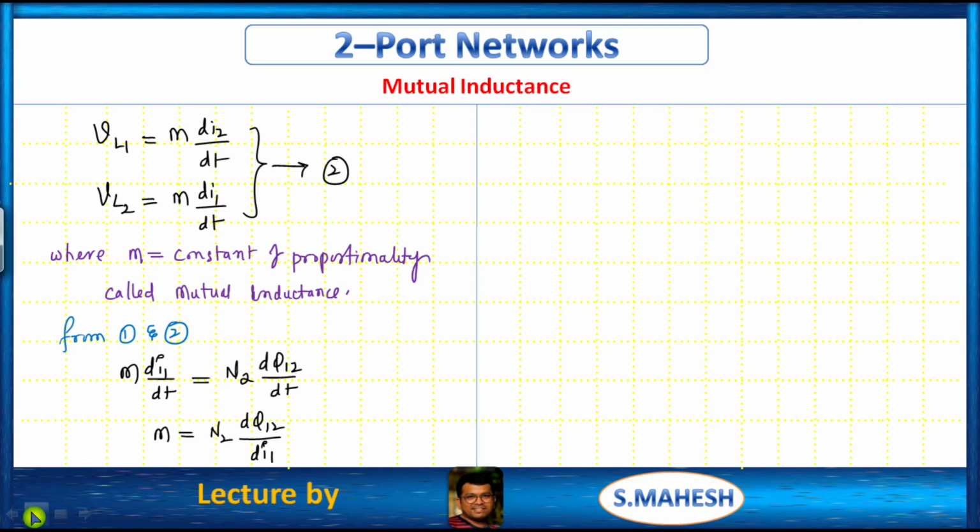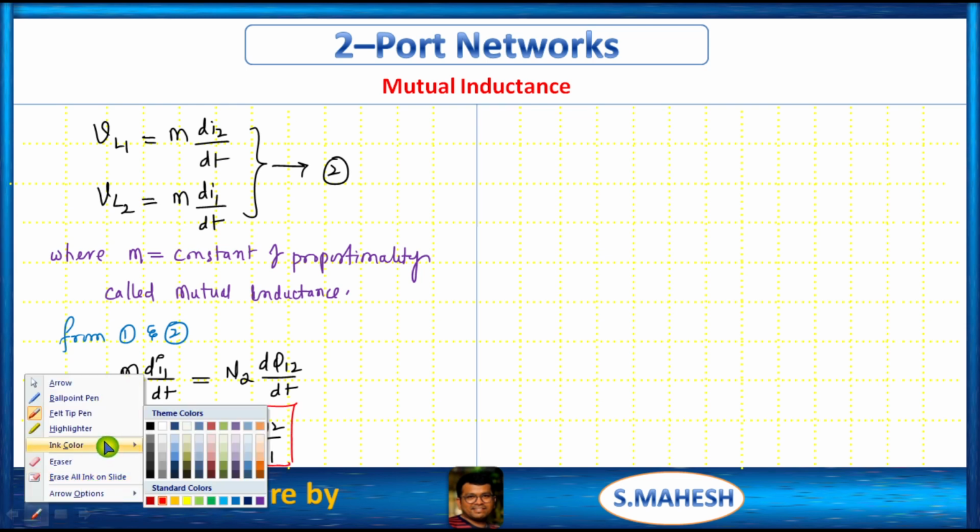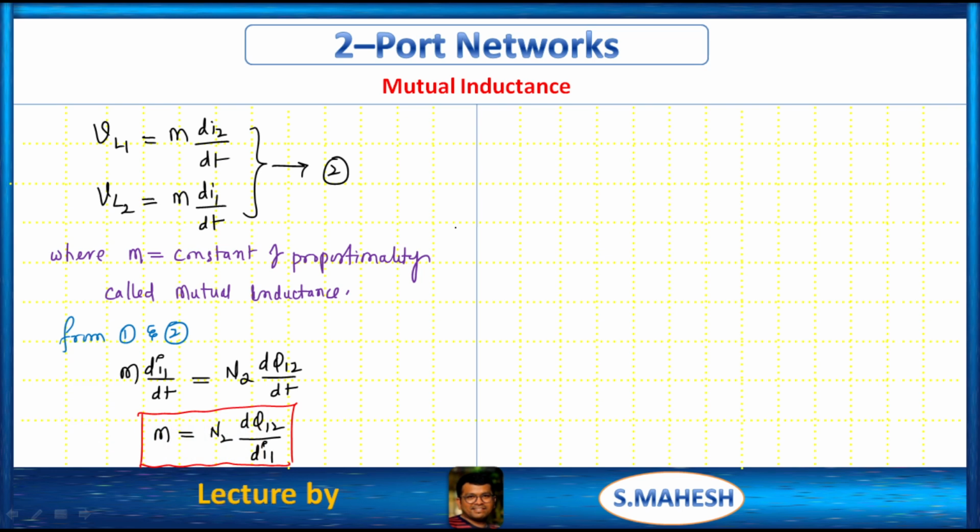It is simply N phi by I, whether it is self or mutual inductance, right? Similarly, for the second case also, M equals N1 into d phi 21 by di2.